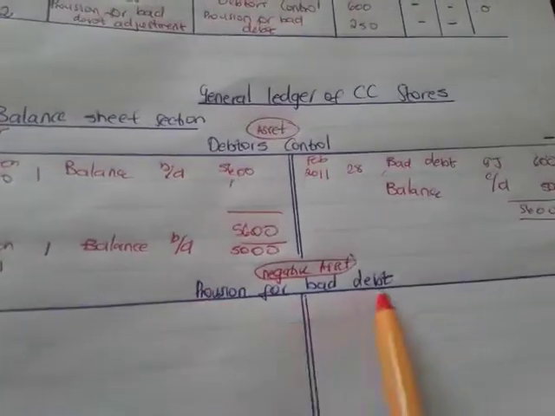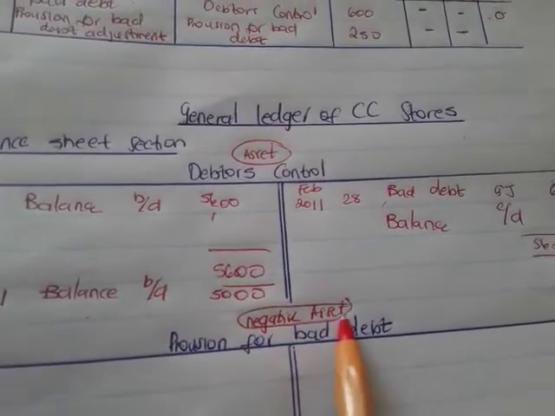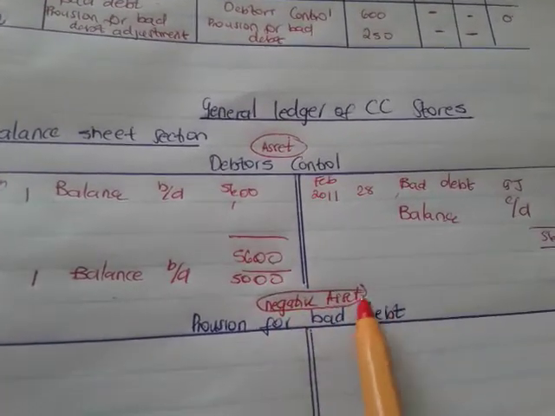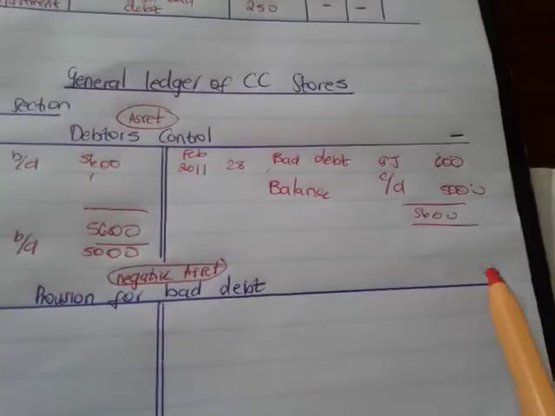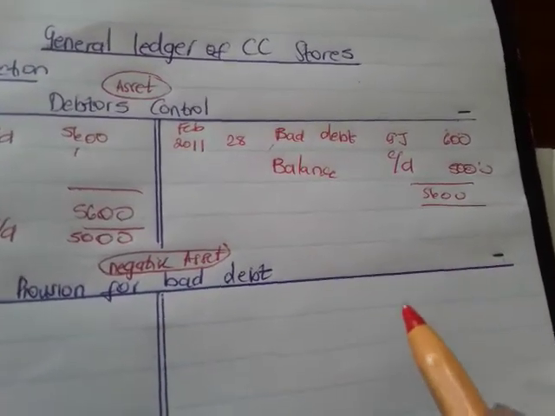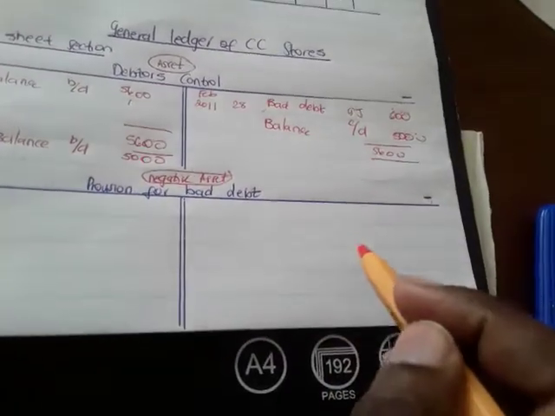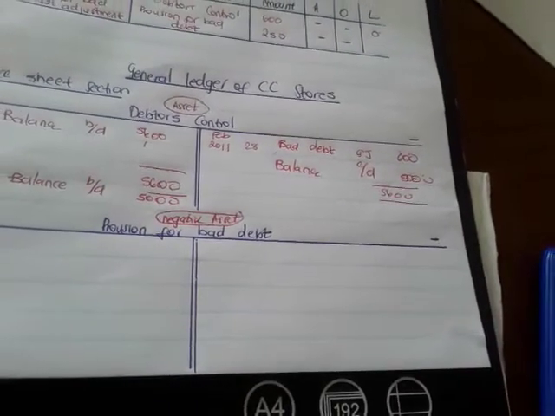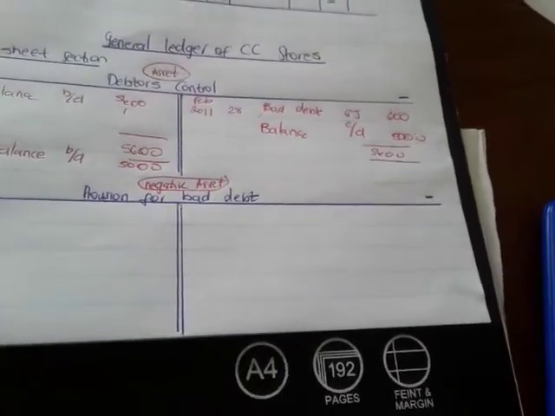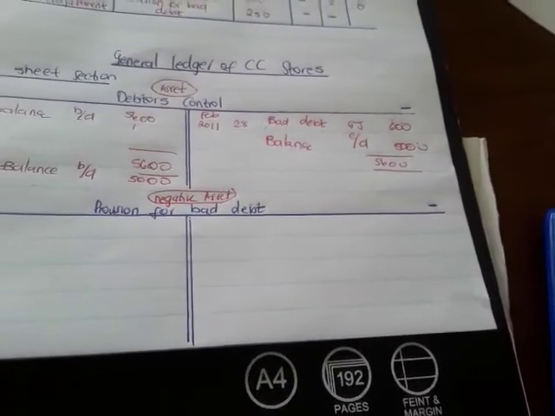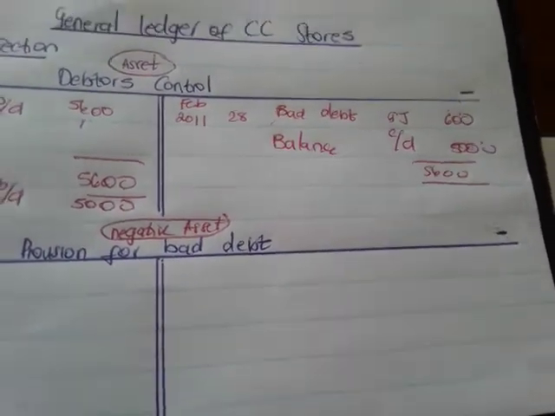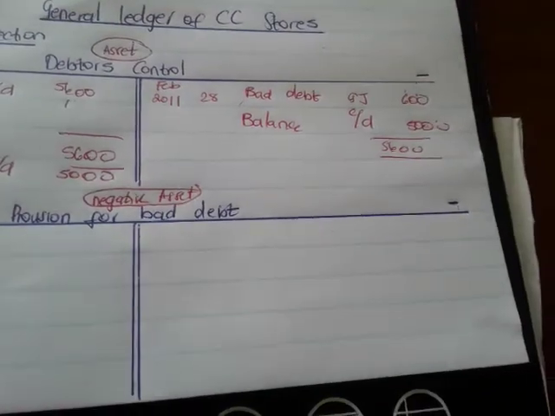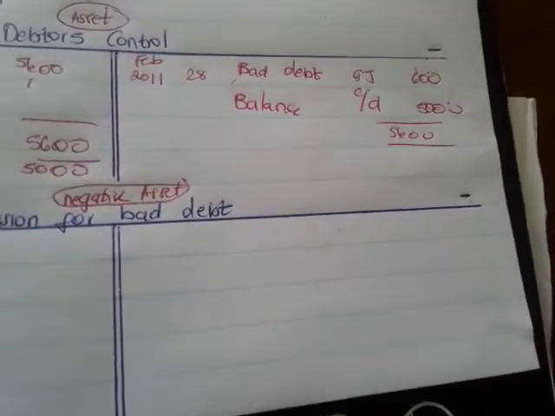right? And then your provision for bad debts, we know that this is a negative asset. If this is a negative asset, it means it's going to have a balance on this side, right? So since we do not actually have a balance of last year, we had to create this account from fresh, right? So we'll just record our provision for bad debts in this account, right?